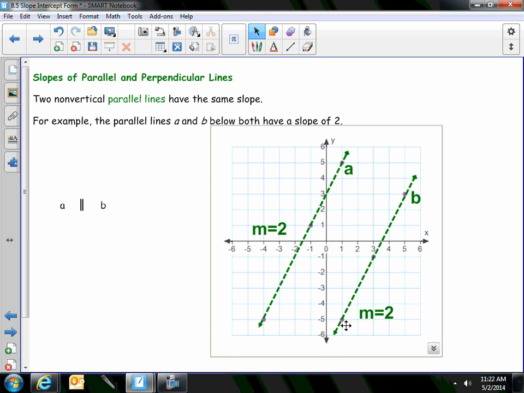And here on our line B, we can take any point on the line. It's easy to determine. And we can rise 2, run 1, rise 2, run 1. These two lines are parallel, and they have the same slope.